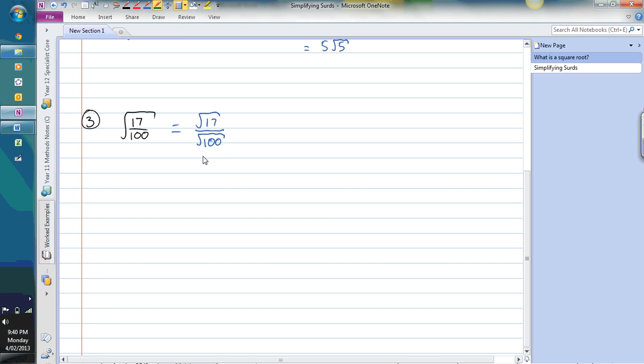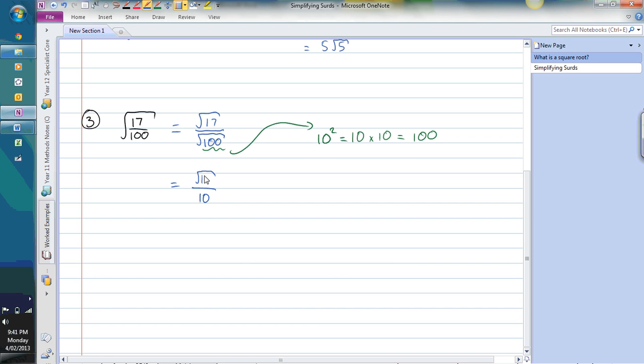And again, this is where knowing your multiplication tables comes in. If you take 100, we know that that is a square number and it's the result of 10 times 10. Okay, or 10 squared. So the square root of 100 is straight away just going to simplify to 10.